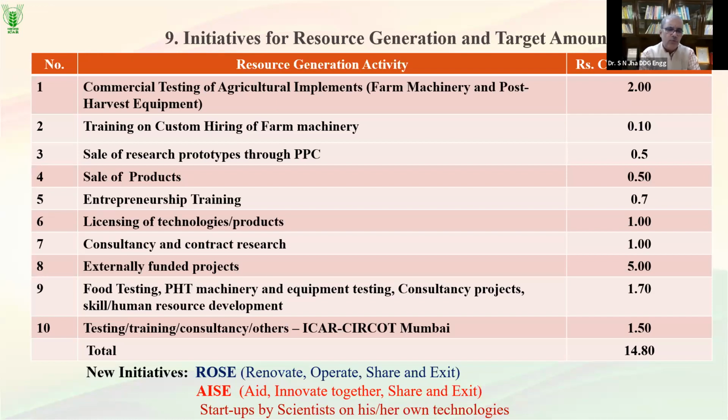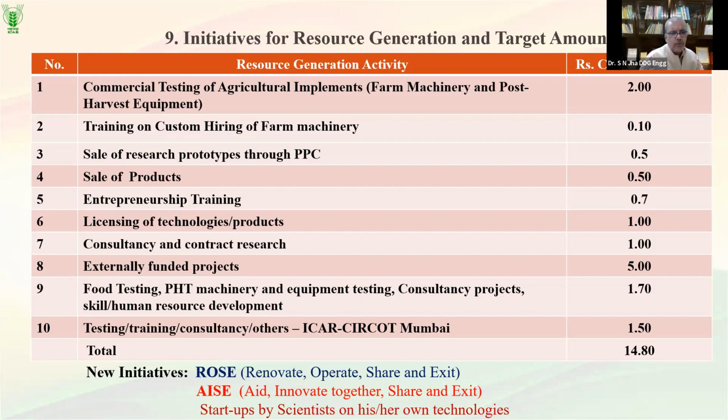We have signed an MOU with a multinational company based in India, and they will renovate our dilapidated building in CIAE Bhopal and establish a modern training center for pharmacy. They will operate, and then the benefit will be shared by both, the CIAE and the company. And whenever they want to exit after certain years based on our MOU, they can exit.